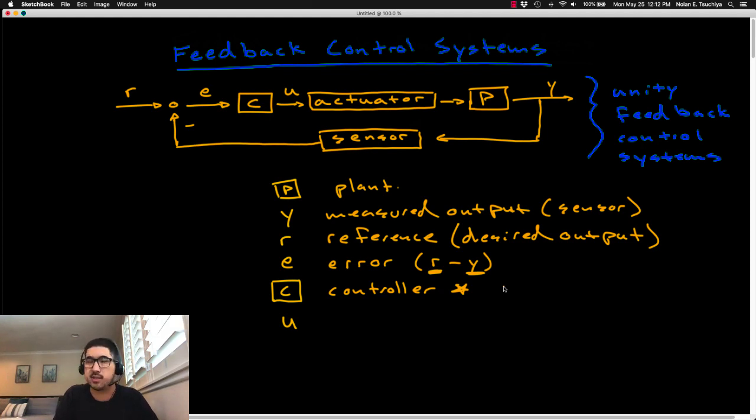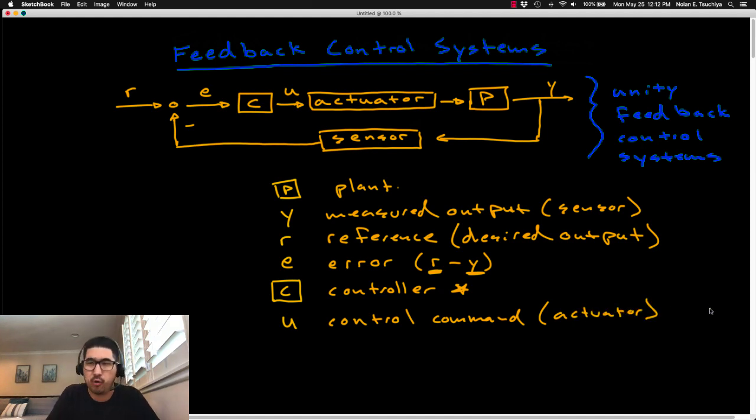It's basically itself a dynamic system which you design to process the error signal, and the output of the controller is going to be U, which is the control command. The control command is the output of the controller, but if you look on the block diagram, it becomes the input to the plant itself via some actuator.